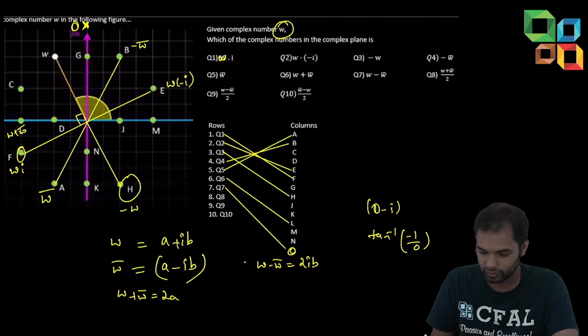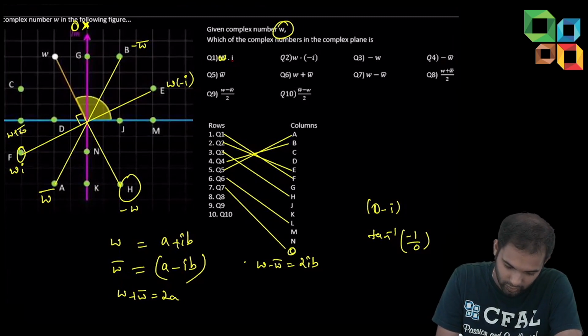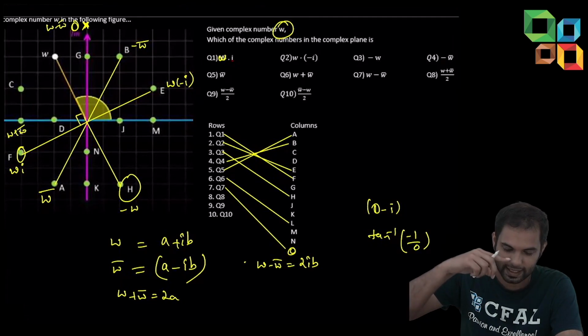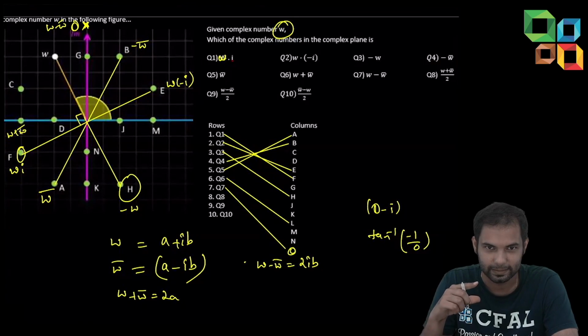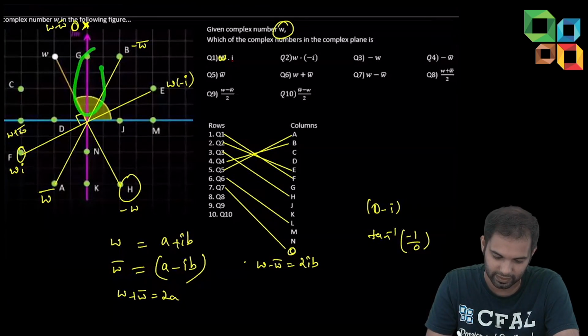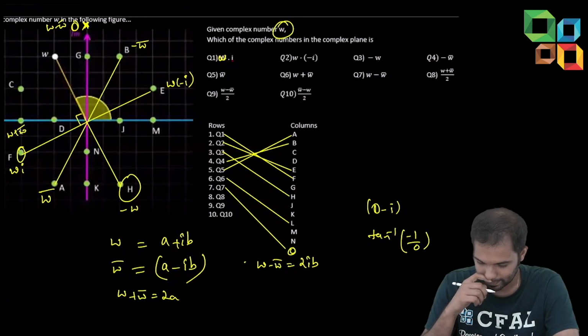Okay, so this is nothing but O. This is W minus W bar because it should be twice that length, not only that length. The imaginary part twice that length, and it's not there in the graph. This is the length, so it should be twice.